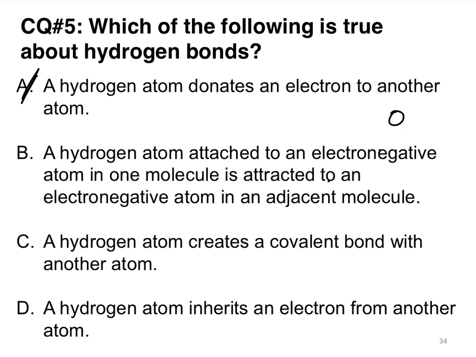So if we take a look at this, this is hydrogen, this is a partial positive charge. Here's another hydrogen with a partial positive charge. Here's a hydrogen with a partial positive charge. And this of course has a partial negative charge. Why are these hydrogens facing the oxygen? They're facing the oxygen because the oxygen has a partial negative charge. The oxygens repel each other, the hydrogens attract one another.